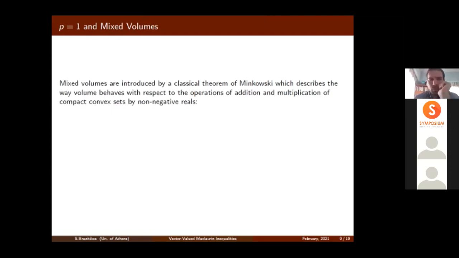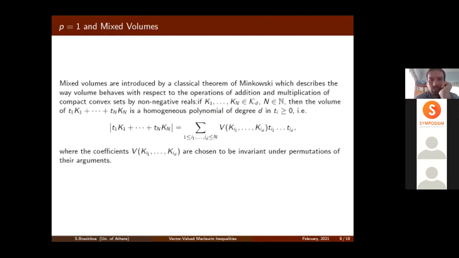So if we have some K1 up to Kn convex bodies in R^d, then we take the Minkowski sum of this combination, T1 K1 plus ... plus Tn Kn, and we take the volume of this Minkowski sum. And this theorem of Minkowski says that this is a polynomial in the Ti's.